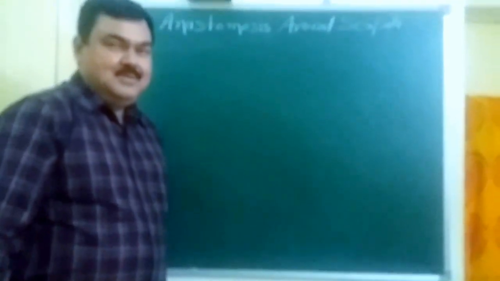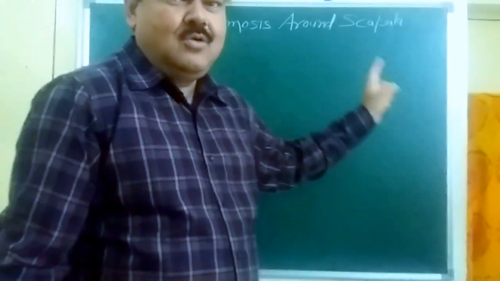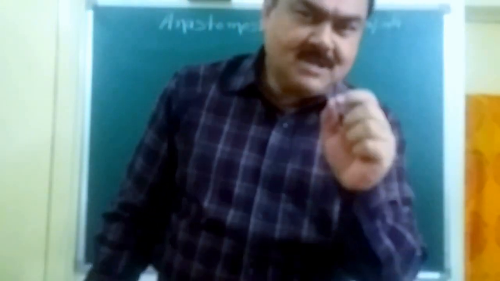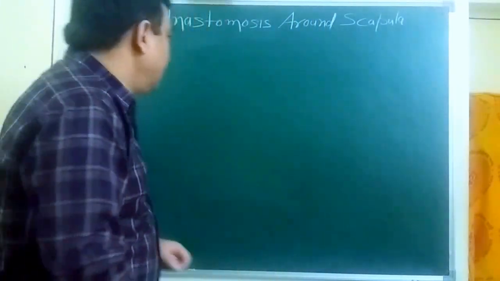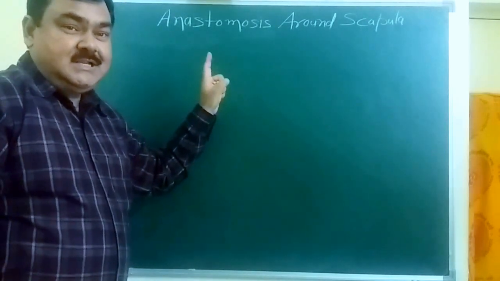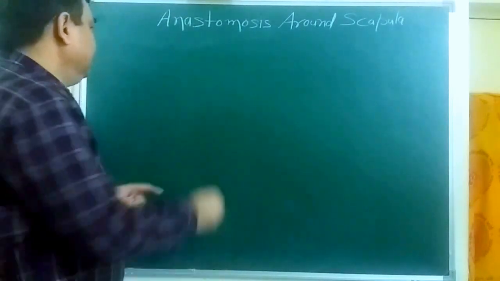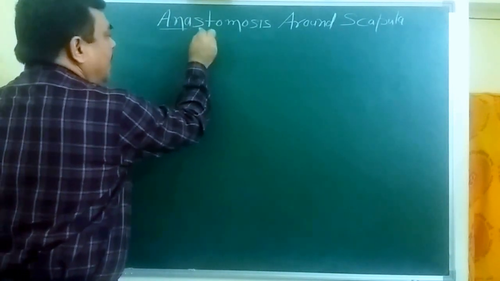Now we'll discuss the anastomosis around the scapula. First of all, we will discuss the anastomosis. What is anastomosis? The term anastomosis is derived from the Greek words ana and stoma.